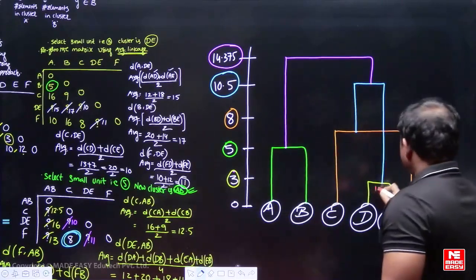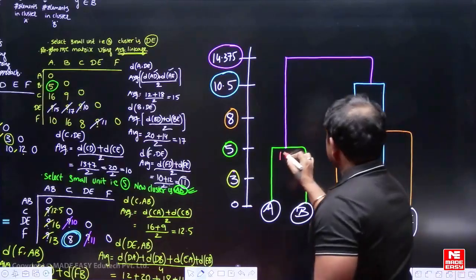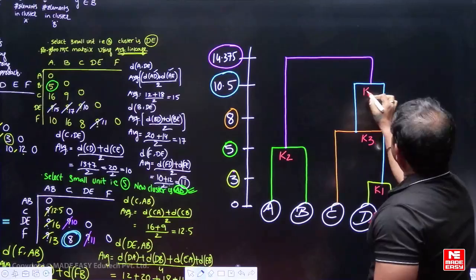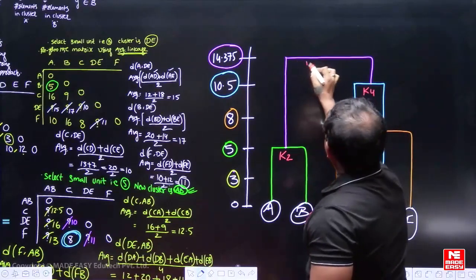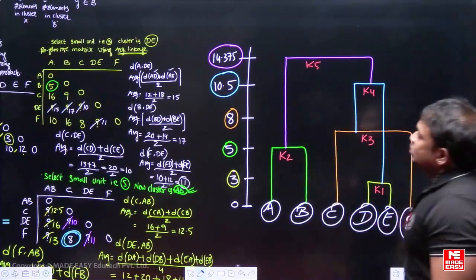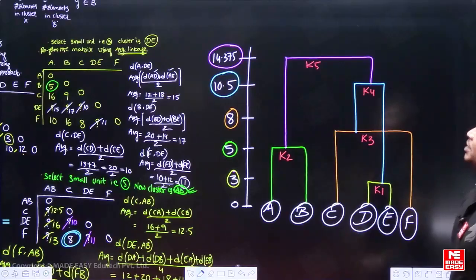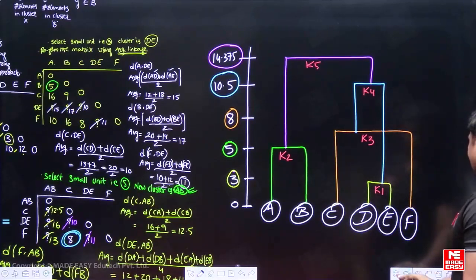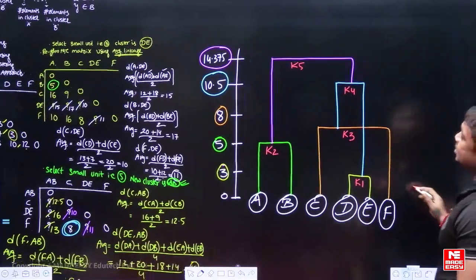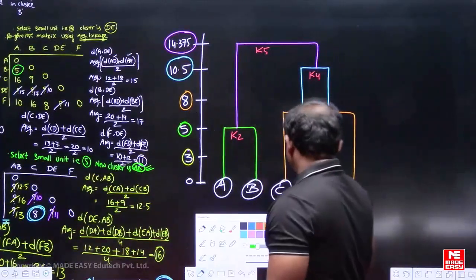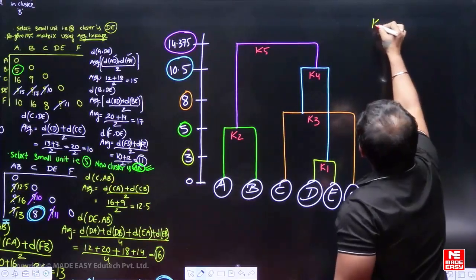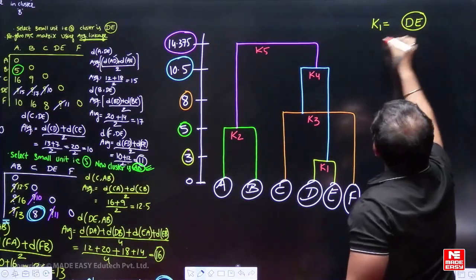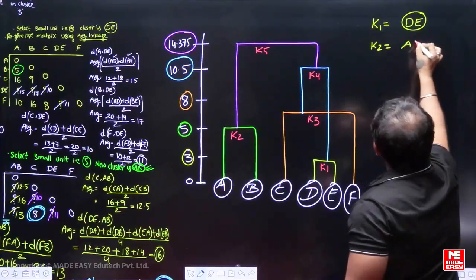This is the K1, this is the K2, right? This is the K3, this is the K4, this is the K5. So total number of elements are 6, number of clusters possibility is 5. All right. Okay. So what are the elements present in the first cluster? In the first cluster, look, K1 is equal to DE. Next, K2, AB.